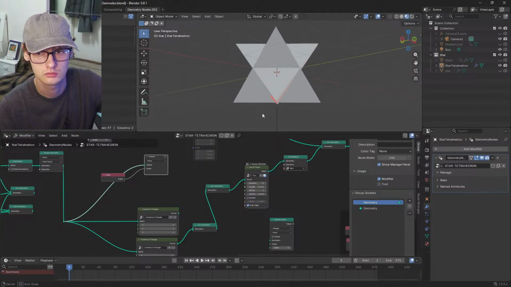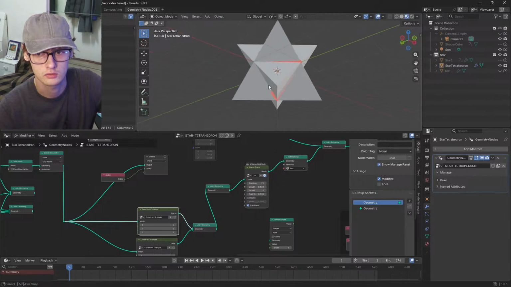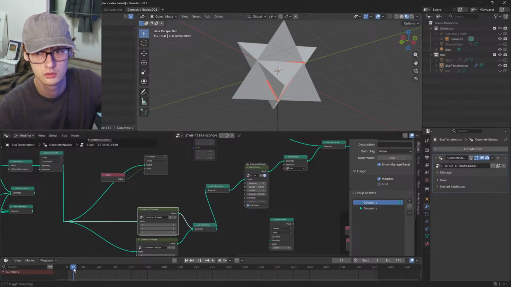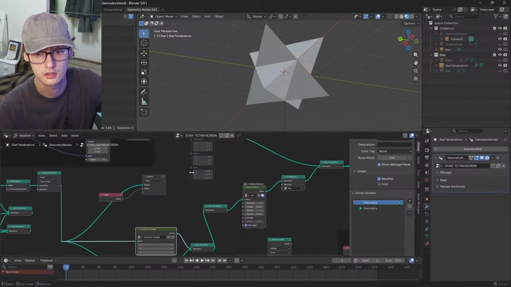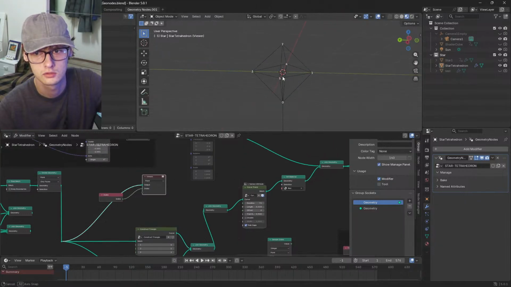I'm just trying to figure out what the next triangle I need to draw is, by looking at it. Okay, I think I need to do 0, 4, and 3.